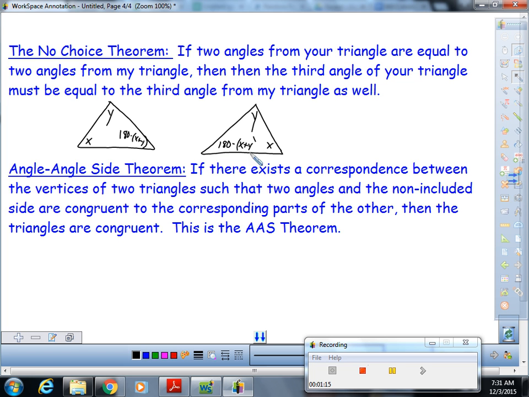What isn't so obvious is that it actually leads us to another shortcut. So I will take more time walking you through the angle side theorem. A lot of words here. If there exists a correspondence between the vertices of two triangles such that two angles and the non-included side are congruent to the corresponding parts of the other, then the triangles are congruent.